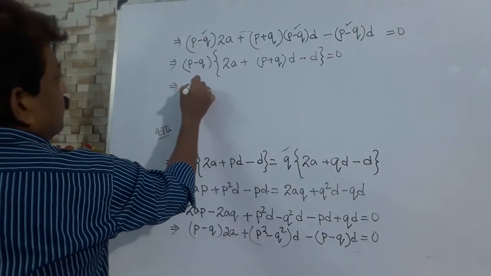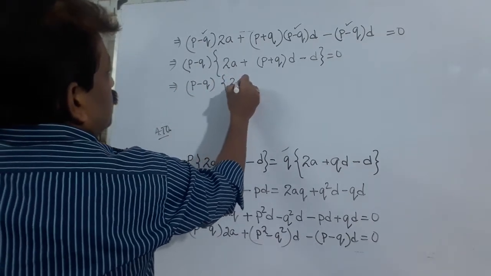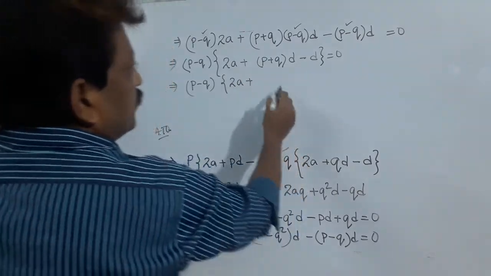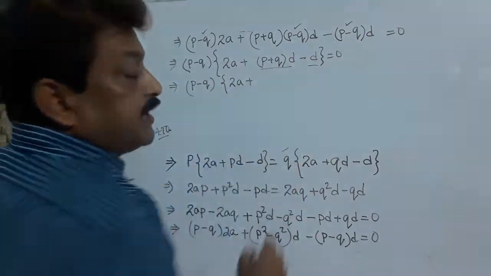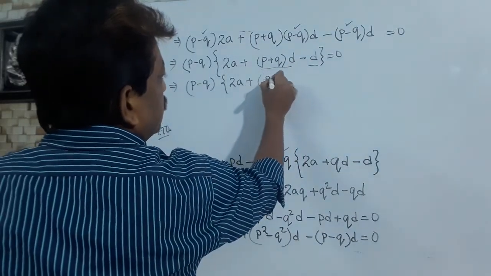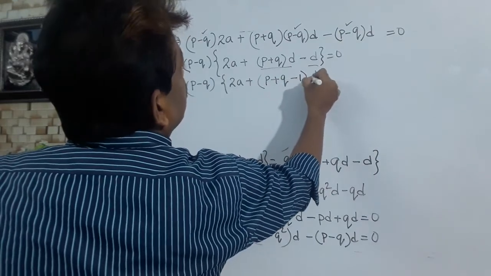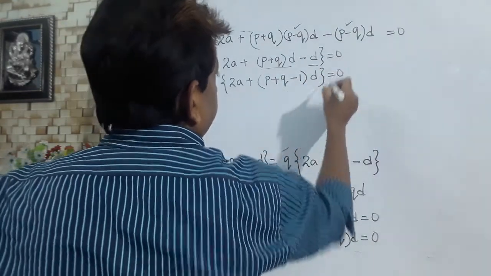So we can say p minus q, 2a plus, now see here from these two terms I can take d as common. So if I am taking d as common, then inside the bracket it will be p plus q minus 1 multiplied with d equals to 0.